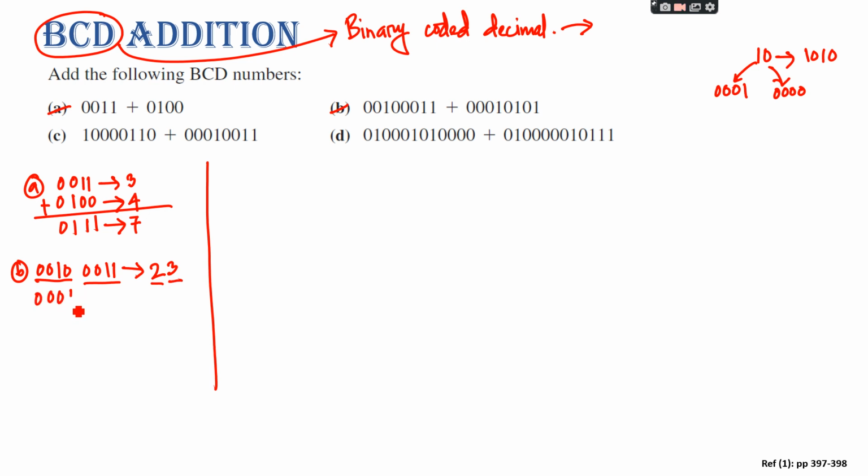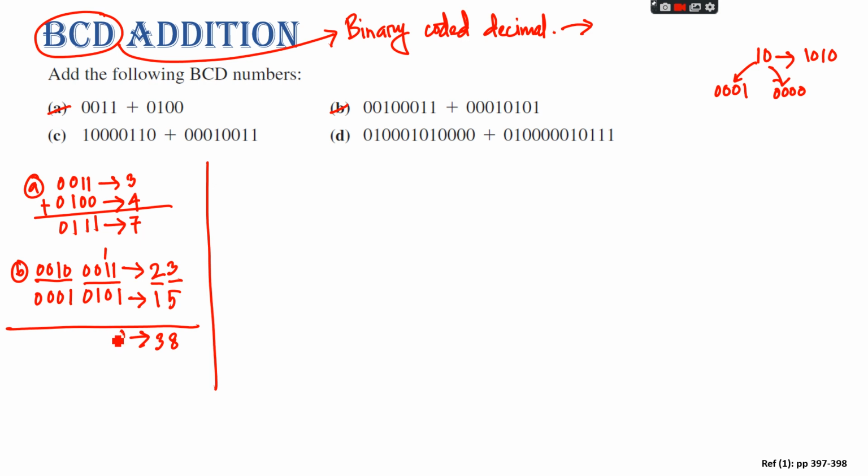Again 0001 and 0101 give you 1 and 5, right? Yes, sir. So what should be its outcome if you do the addition? 38, right? Yes, sir.